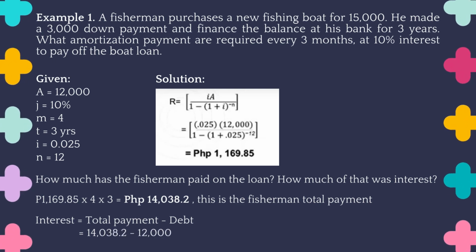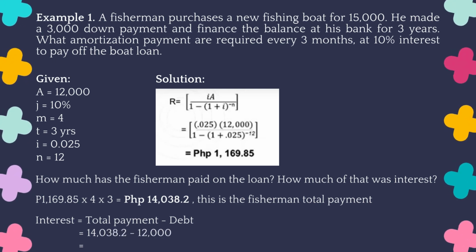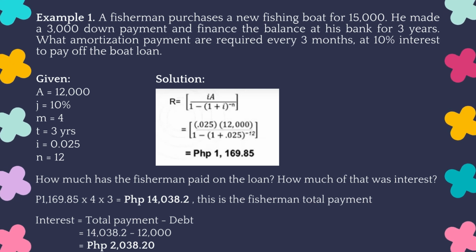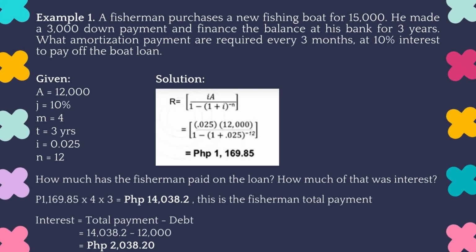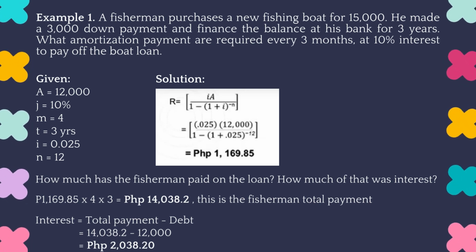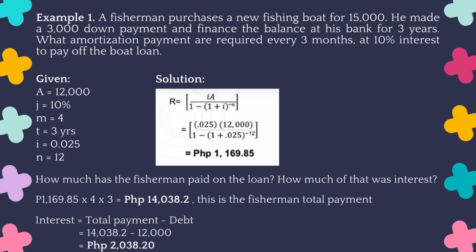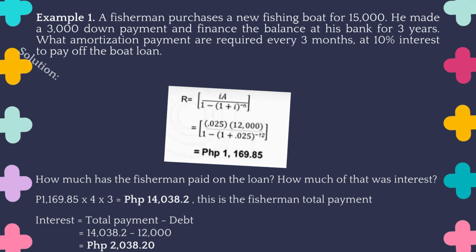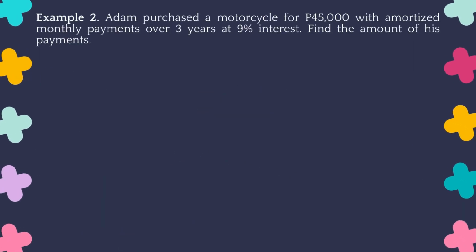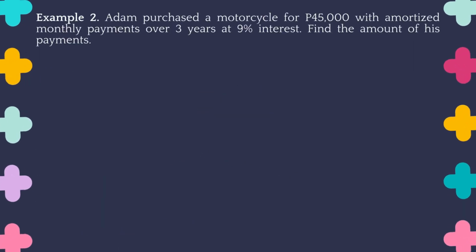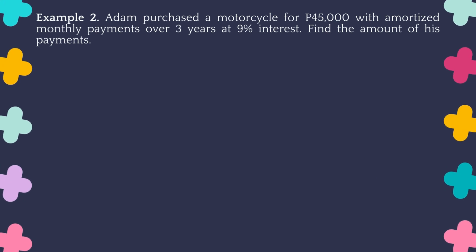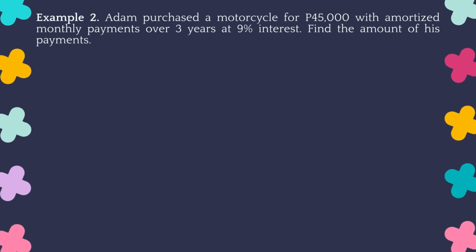The interest is total payment minus the debt. 14,038.2 minus 12,000 equals 2,038.20.